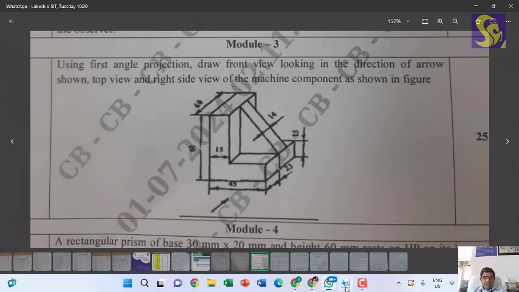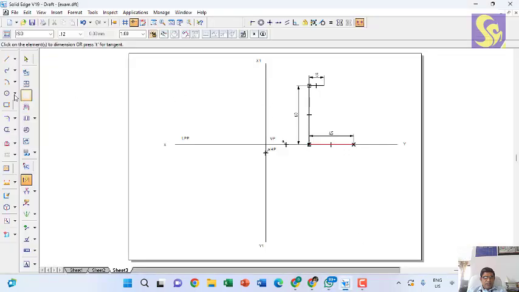Then this height is there, that is 15. So I can draw one more line from here upwards for 15 mm.